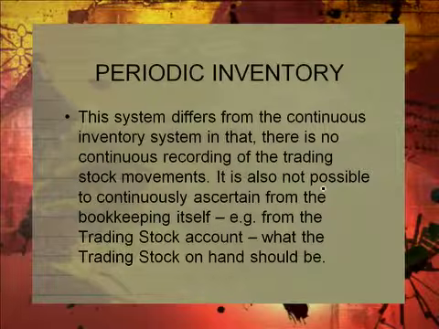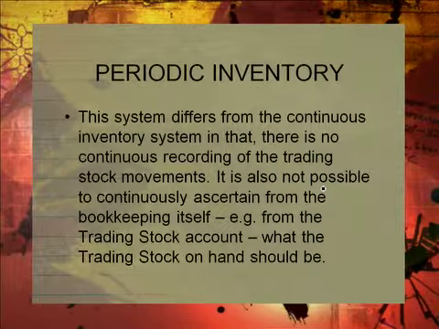Yes, the next method, stock system that we are going to be using is called the periodic inventory. Now, obviously, this system differs from the continuous inventory system in that you do not keep a continuous recording of stock movements.